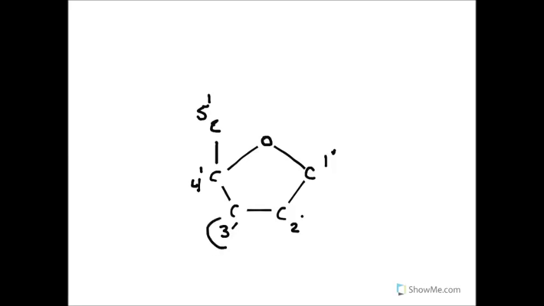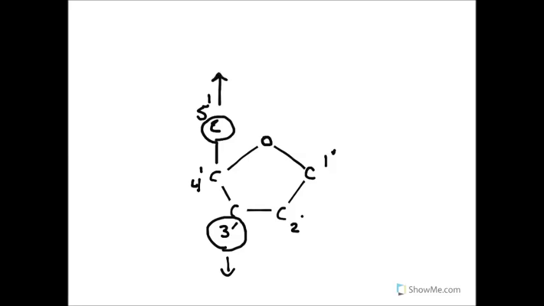The 3' end of this pentose sugar, called deoxyribose, is sticking downwards here, and the 5' sugar here is sticking upwards.